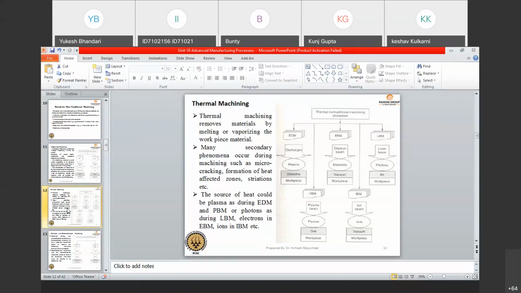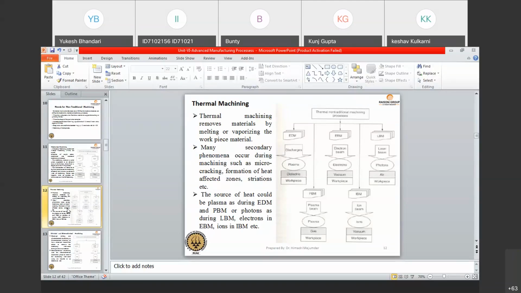In that form, we remove material from the workpiece. Many secondary phenomena occur during machining, such as microcracking, formation of heat affected zone, radiation, etc. So melting and vaporization is the primary thing, but at the same time different microcracks, heat affected zones and radiations appear during the thermal machining process.